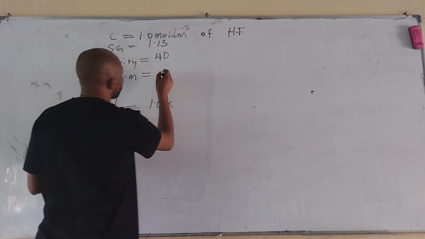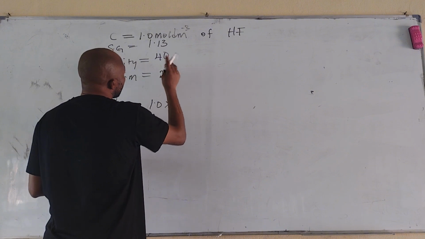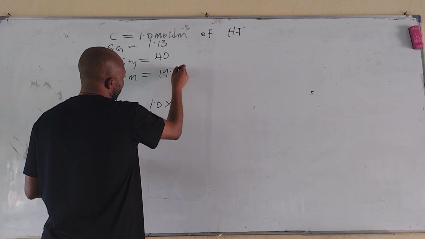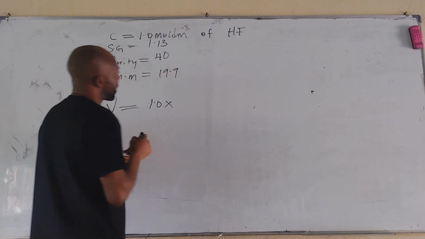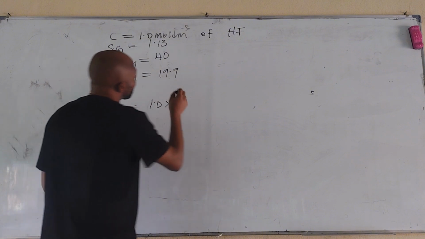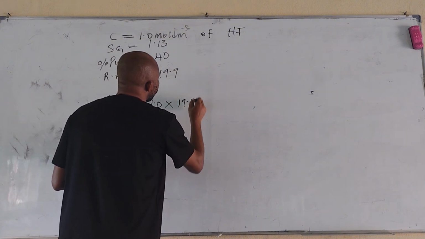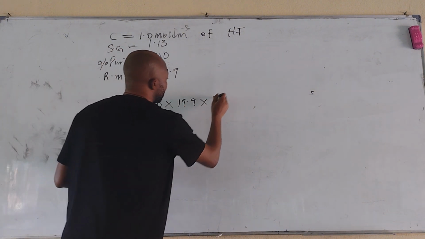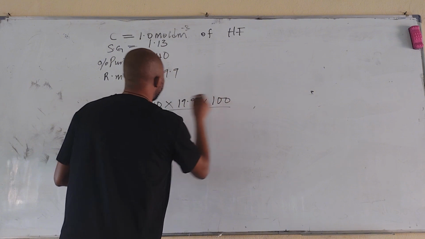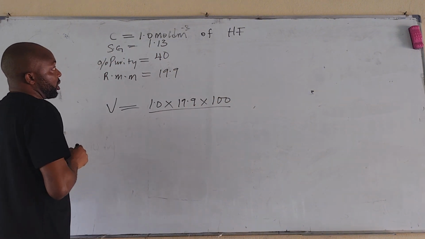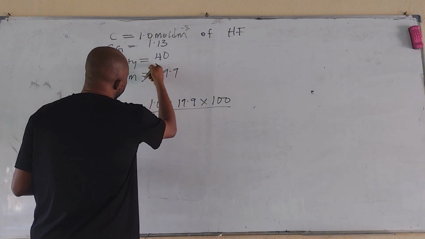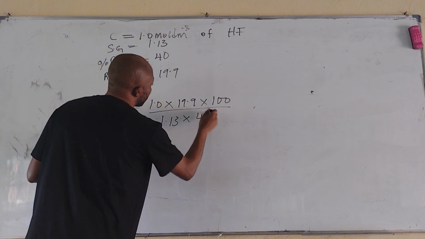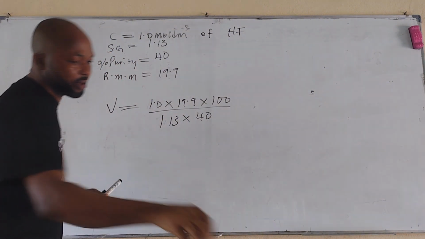Let's take 20 there, or 19.9, better. Alright, so 19.9. So we multiply 19.9 times 100 all over, what do we do? Specific gravity, which is 1.13 times 40. So let's see what we get here.